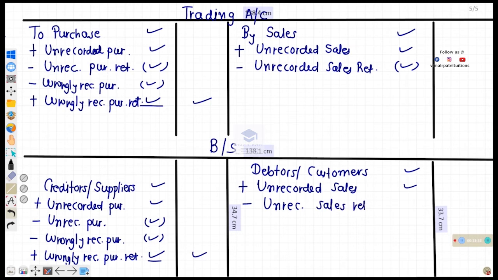Then wrongly recorded sales will be subtracted from sales, and same will be subtracted from debtors.